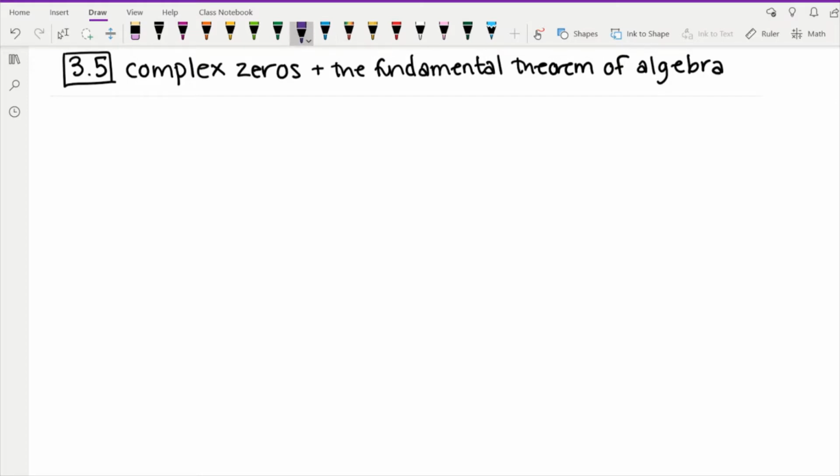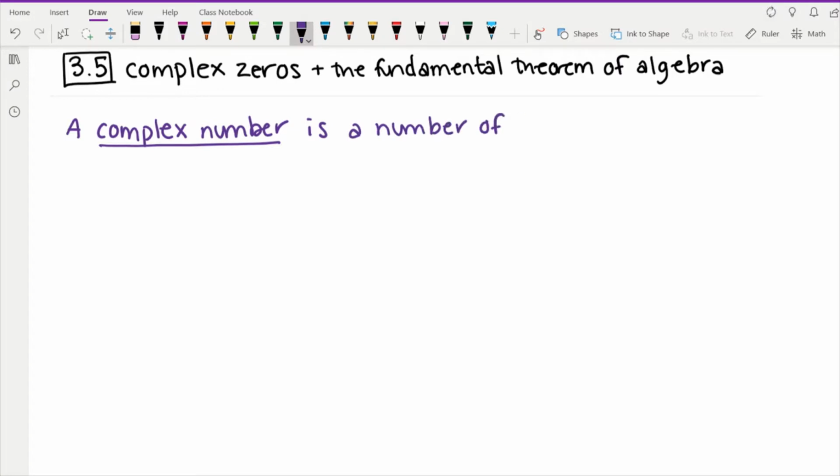Okay, so I want to start by reminding you what a complex number is. We talked about how a complex number is a number of the form a plus bi.